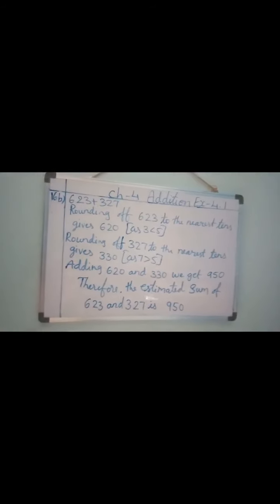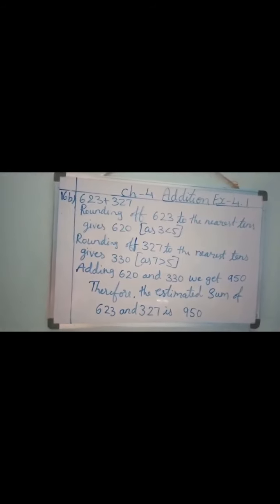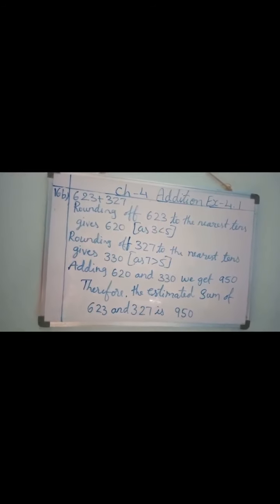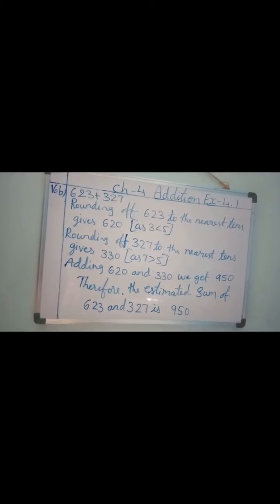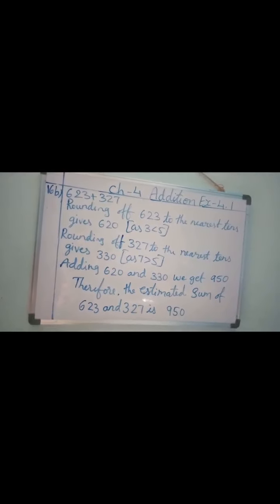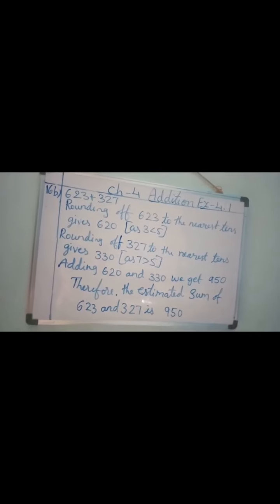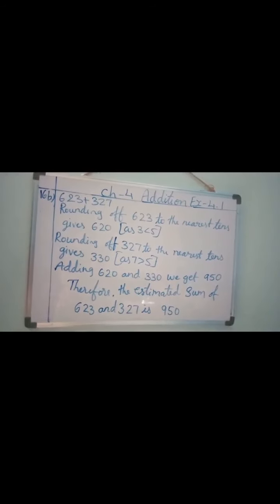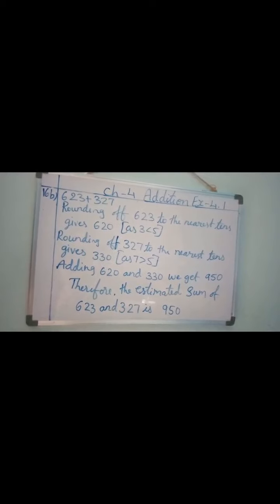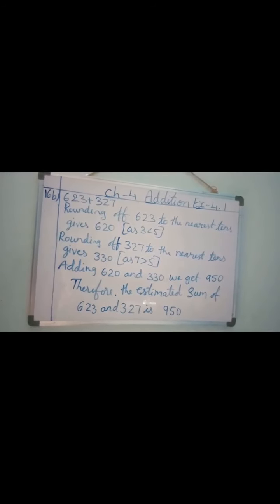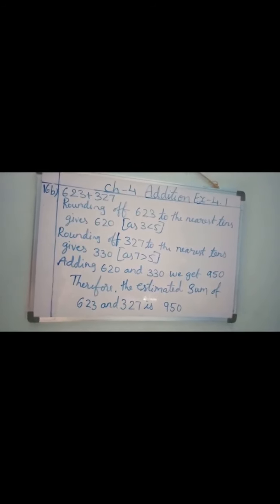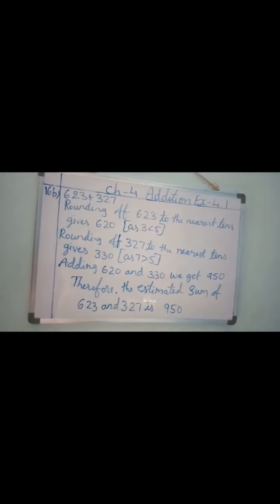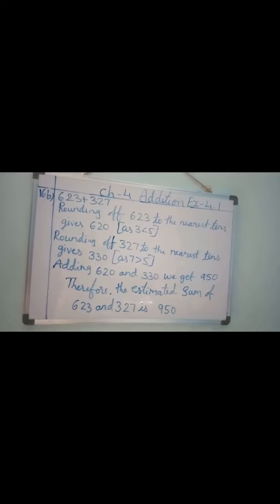16th one, B1 children. See, 623 plus 327. Rounding of 623 to the nearest tens gives 620 because 3 is less than 5. Yes. Now, rounding of 327 to the nearest tens gives 330 as 7 is greater than 5.